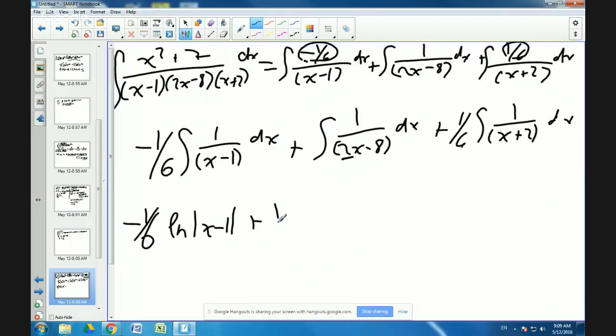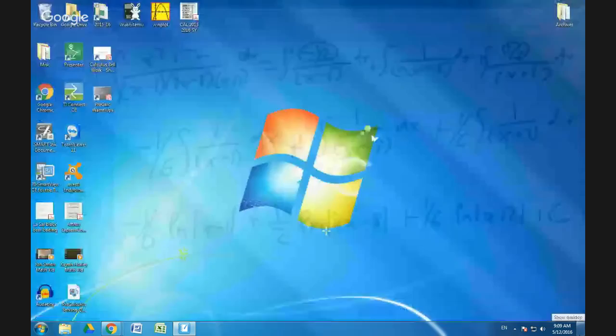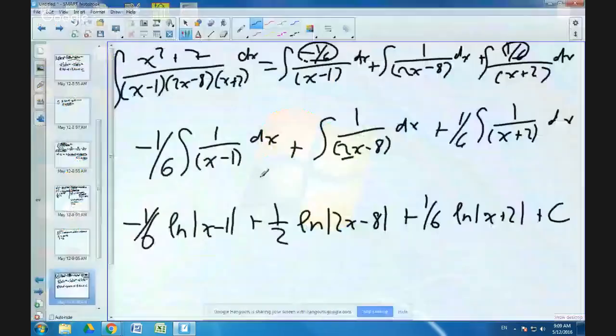So we divide by 1/2, so 1/2 of ln absolute value 2x minus 8 plus 1/6 ln absolute value of x plus 2 plus c. Sorry about that. And that effectively is our answer.